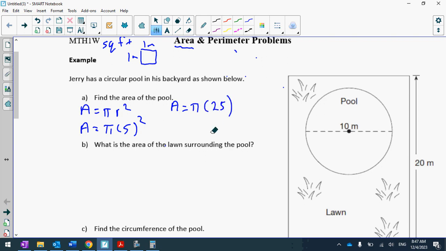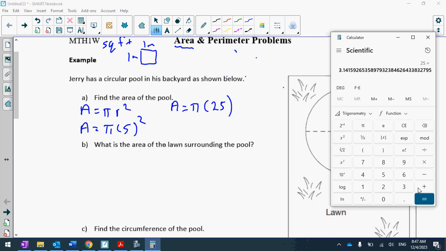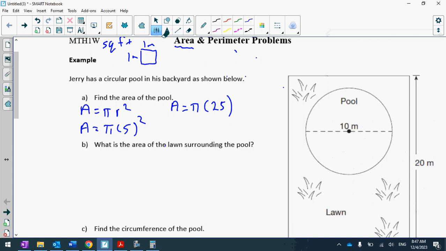And then doing that on the calculator, which does have a pi button right there, I get about 78.5 meters squared. We'll talk more about the units later on, but for now we know that when you're measuring in meters, your area will be in meters squared.